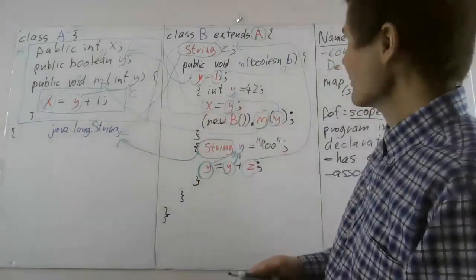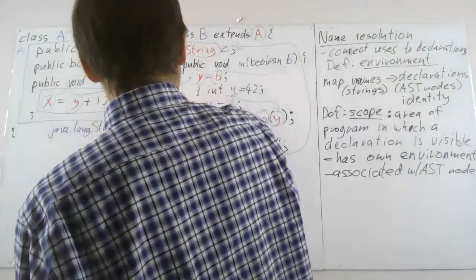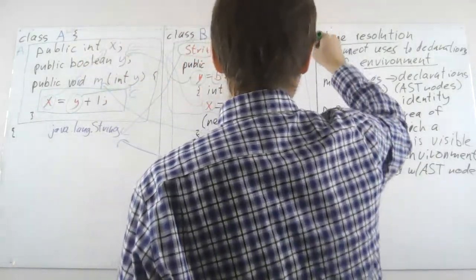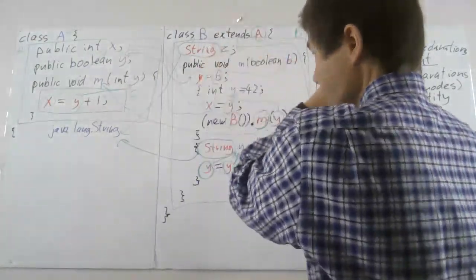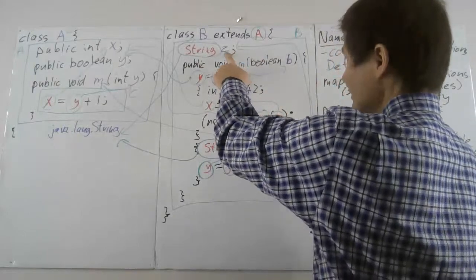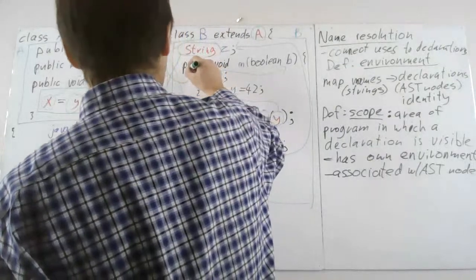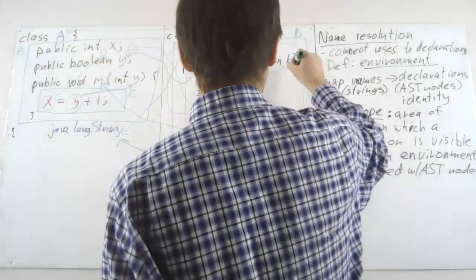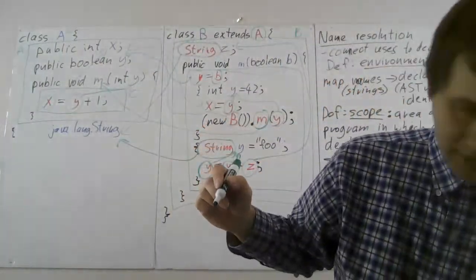All right, so more scopes. So for the class B, we would have a scope where you can see things like the field Z, say, and then the method M would have a scope. I think I called it D. Yep.